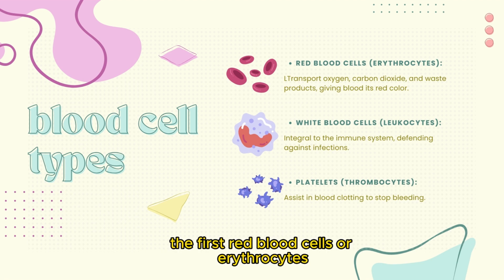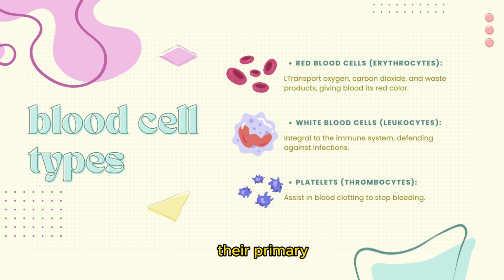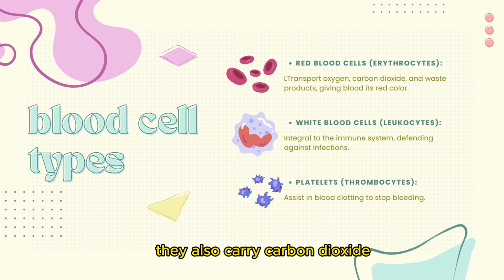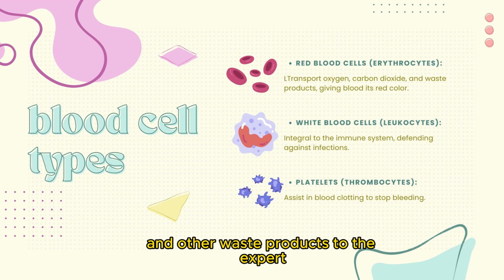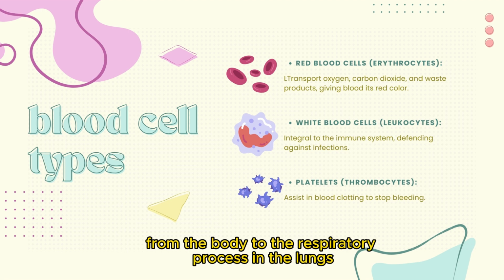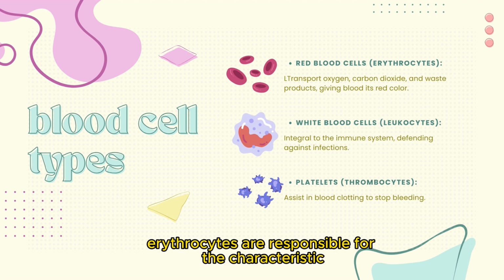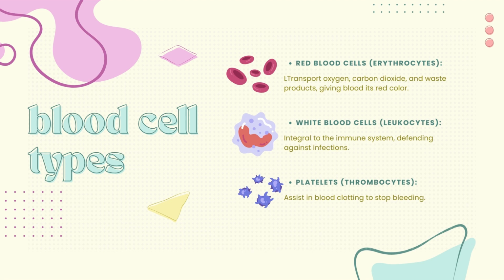The first, red blood cells, are erythrocytes. Their primary role is to transport oxygen throughout the body. They also carry carbon dioxide and other waste products to be expelled from the body through the respiratory process in the lungs. Erythrocytes are responsible for the characteristic red color of blood.